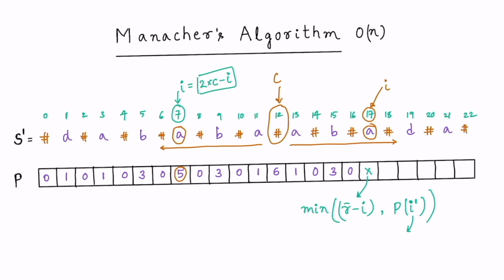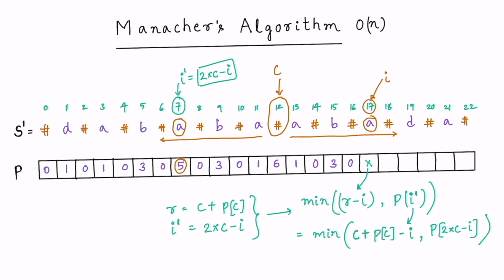Since this r is confusing because we also use left and the right pointers for the current character, let's write this formula just in terms of c and I. We know that r is equal to c plus p of c. And we know that I prime is equal to 2 times c minus I. Let's plug these two into this formula.